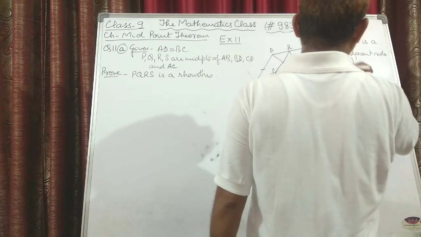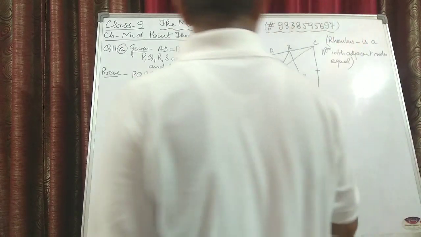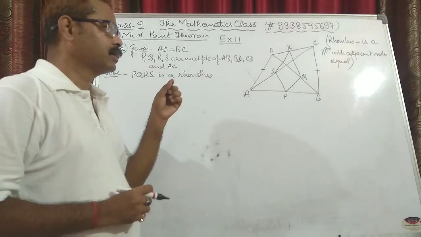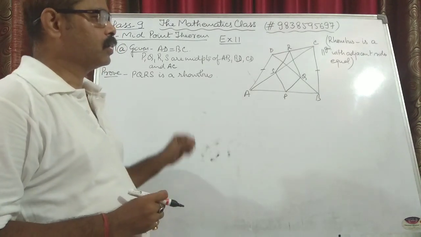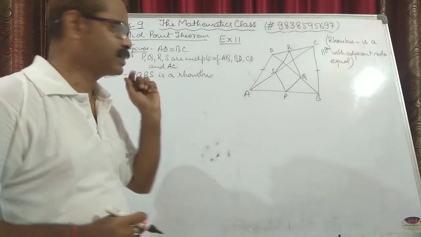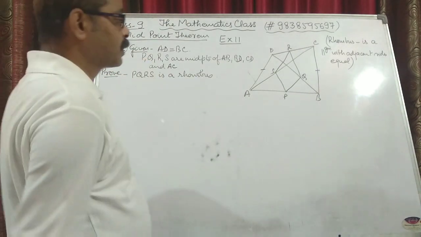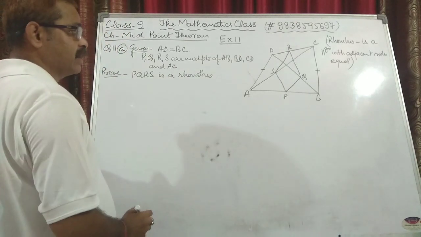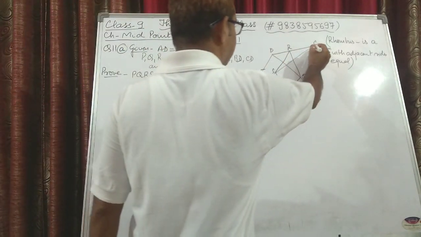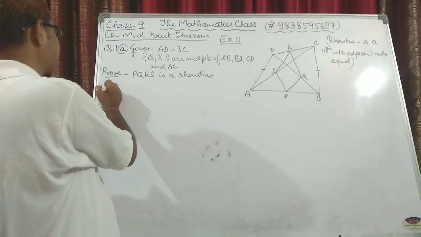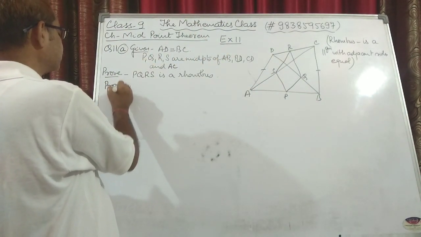So first of all we will prove that PQRS is a parallelogram, then we will prove that its adjacent sides are equal. Now how to prove that PQRS is a parallelogram? If we consider the triangle CDA, I am writing the proof.